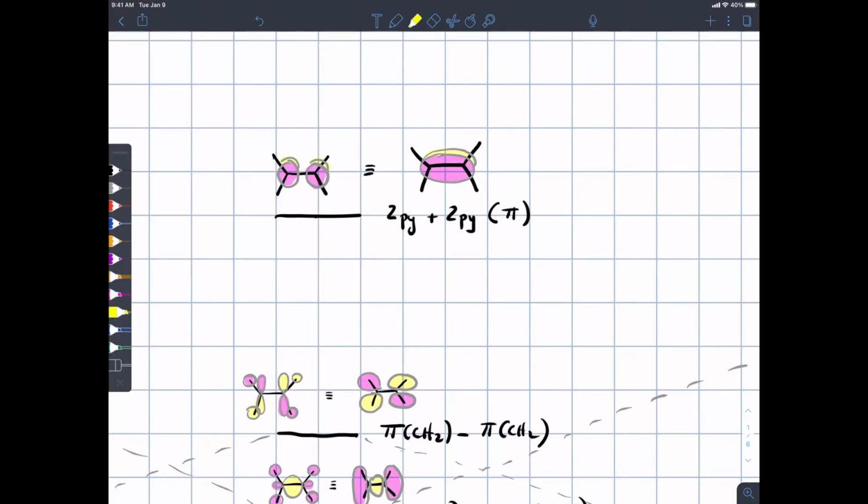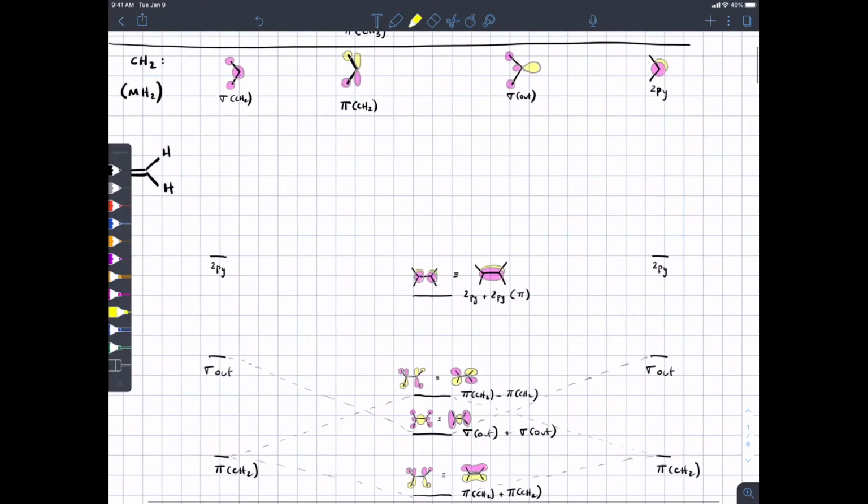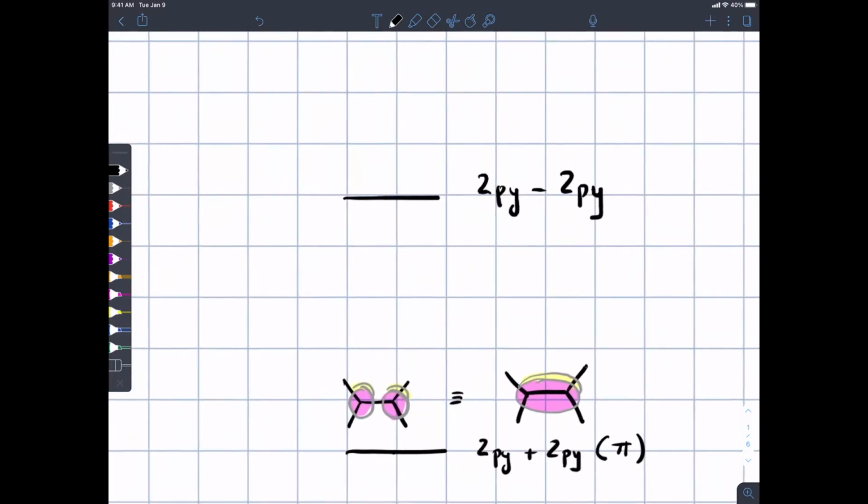How many times can I say that? And then we would also need to draw the 2py minus 2py combination, and that's going to look like this.